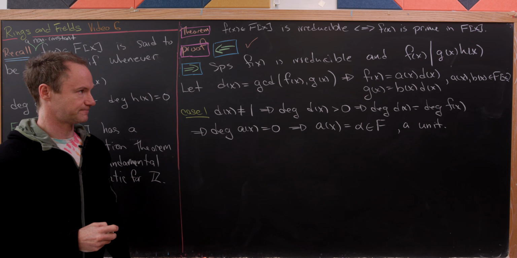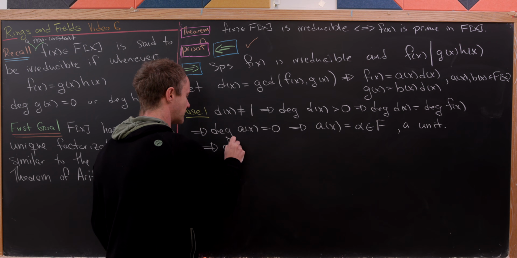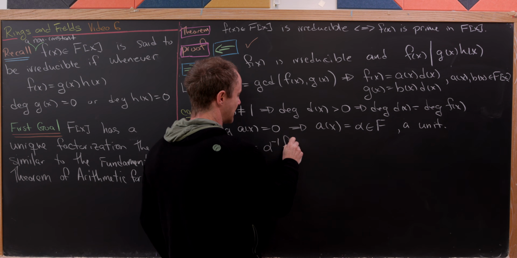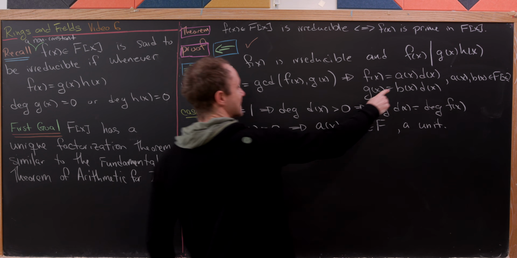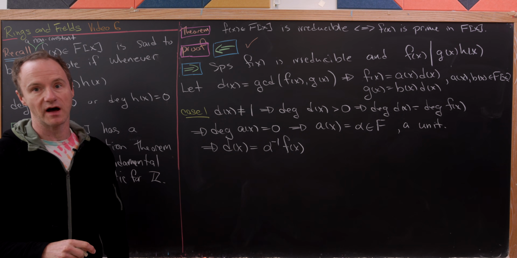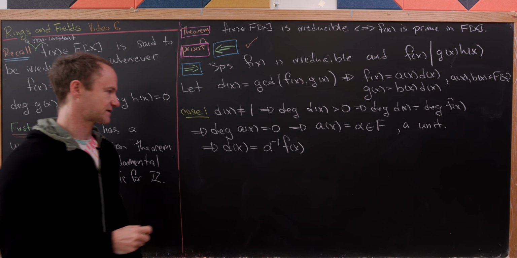Okay, nice. But now let's observe the following. That means we can write d of x as alpha inverse times f of x. This greatest common divisor is actually just a constant multiple of f of x. In other words, it's an associate of f of x.